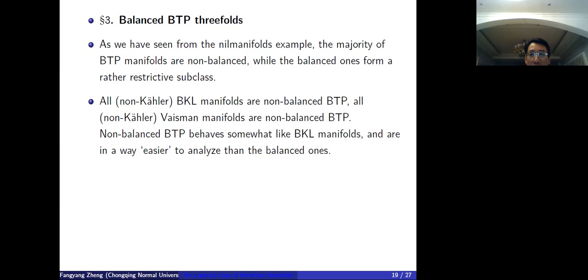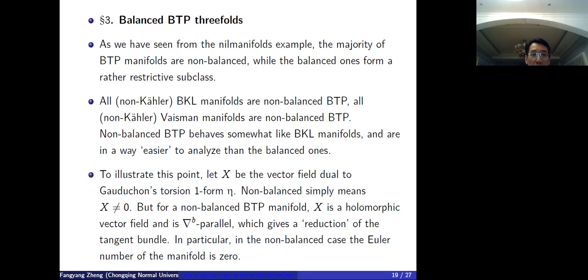So in a way, the holonomy is reduced, right? So non-balanced is in a way easier to analyze for BTP manifolds, because, kind of like Westman manifolds, it gives you a handle, not quite an S1 action, but a parallel vector field.